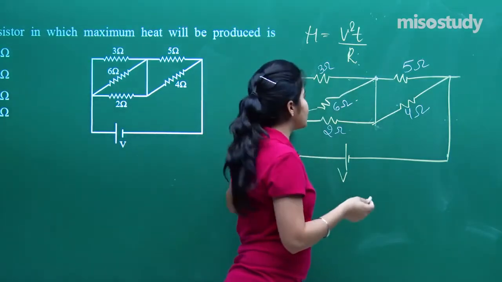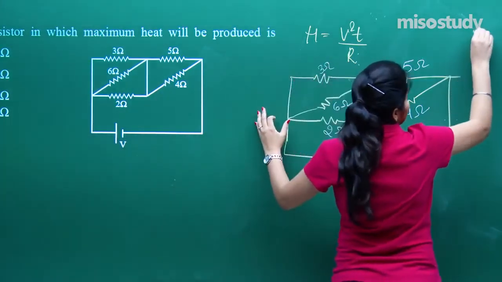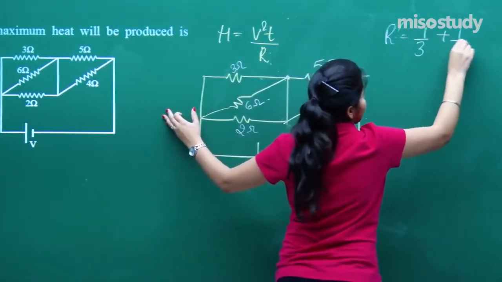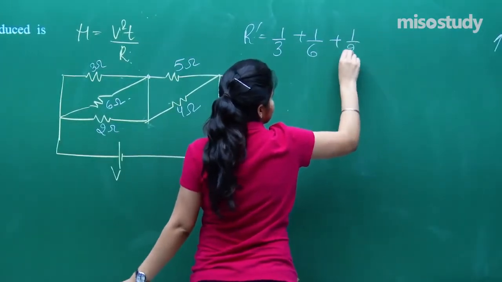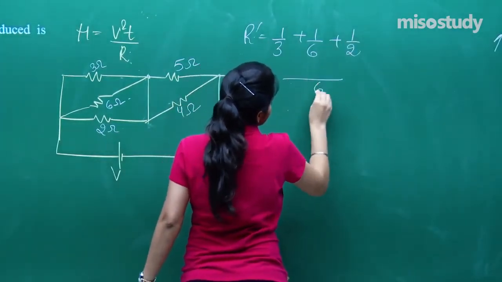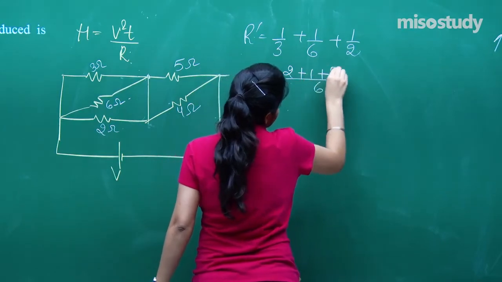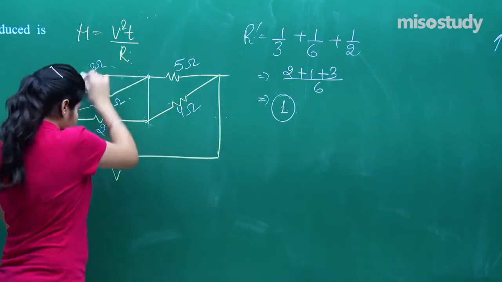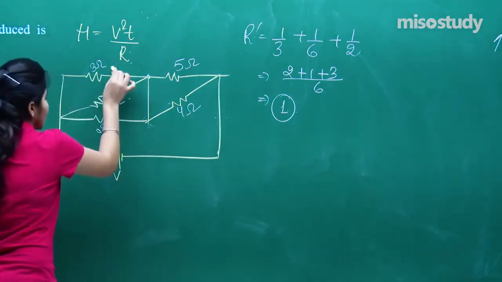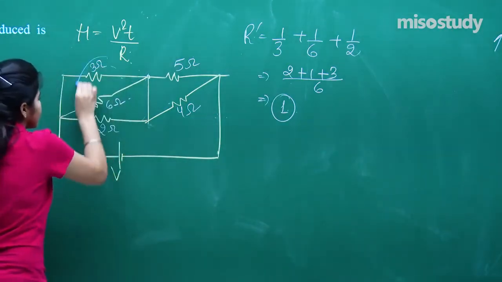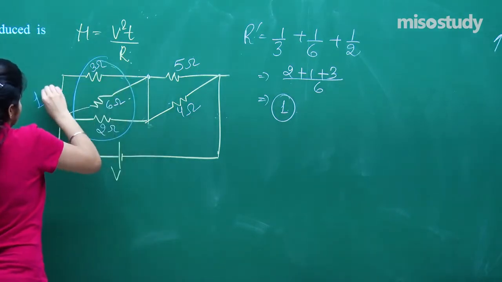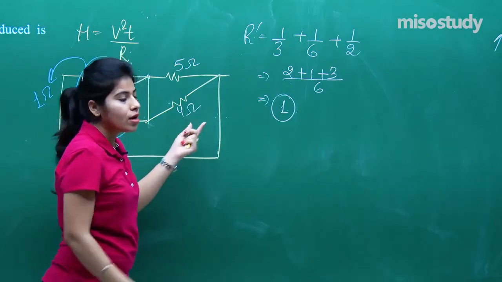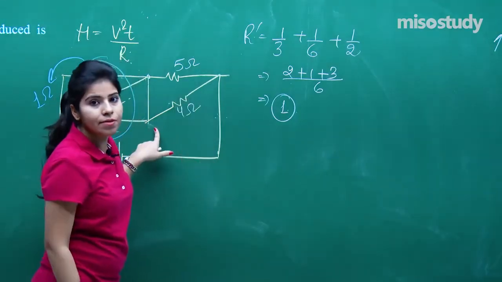To find the equivalent resistance between them, that will be 1 by 3 plus 1 by 6 plus 1 by 2, which is 1. So this whole resistance has come out to be 1 ohm, right? And again if I see this figure, these 2 resistors are connected in parallel.